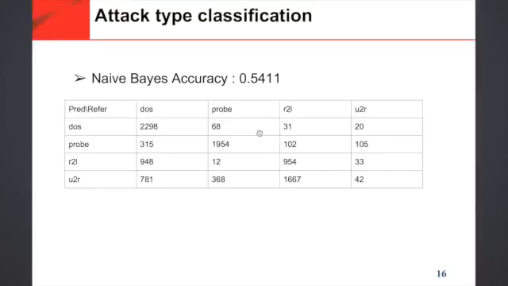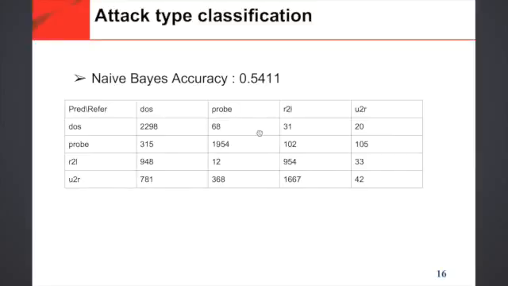In our second level, we need to classify the abnormal data into four categories. The first method I choose is to use naive Bayes.